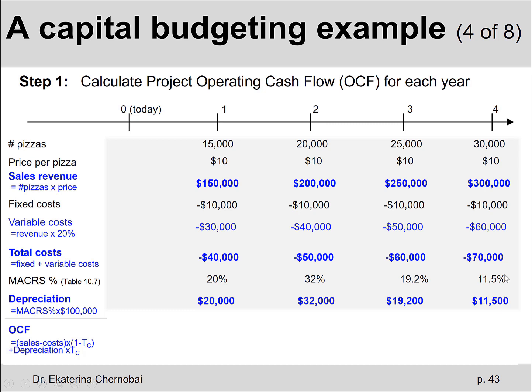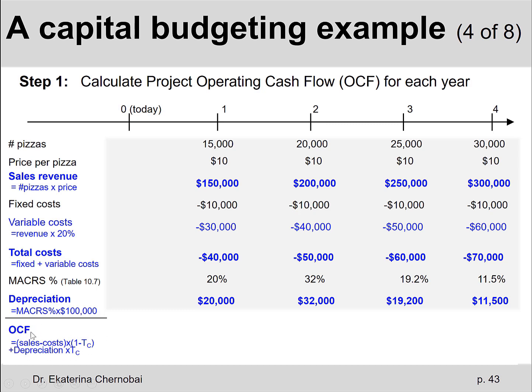And for the fourth year, the depreciation rate is 11.5%, which gives $11,500 in depreciation.